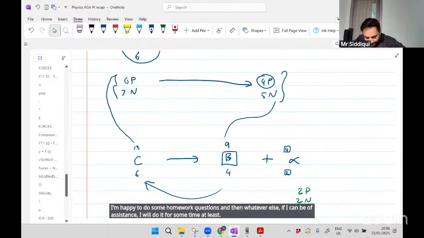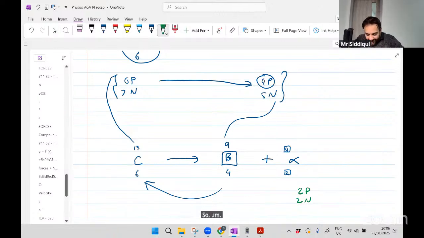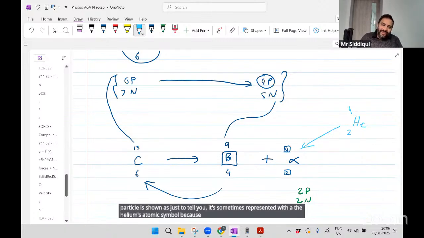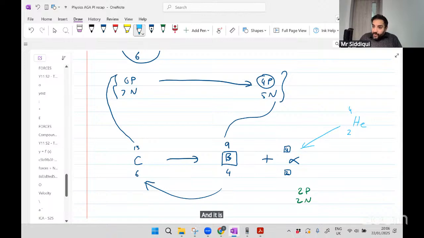So, that is how you do it. Now, the other thing that sometimes an alpha particle is shown as, just to tell you, it's sometimes represented with the helium atomic symbol, because helium has those numbers, and the nucleus of helium contains 2 protons and 2 neutrons.